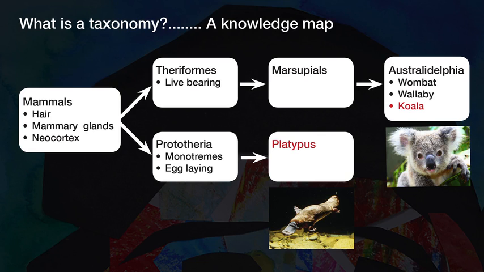But they belong to different arms of the mammal tree. You can see the koala belongs to the theriforms, the live-bearing mammals, whereas the platypus belongs to the monotremes, egg-laying mammals. So a taxonomy helps to explain the components and the relationships and also defines the components for a common language and understanding.